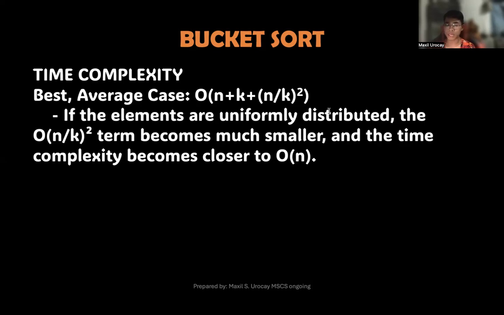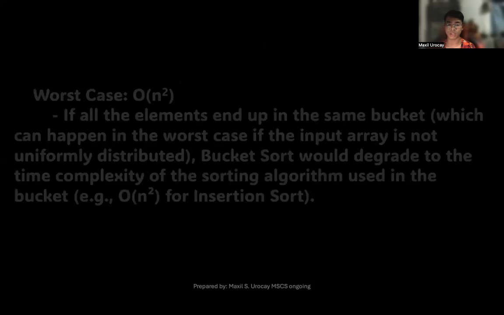That is the time for each bucket if we use insertion sort. Then concatenating the sorted buckets into the final array takes linear time. So for the best and average case, if the elements are uniformly distributed, that will be linear complexity, where the squared term becomes much smaller and the time complexity comes closer to linear time.